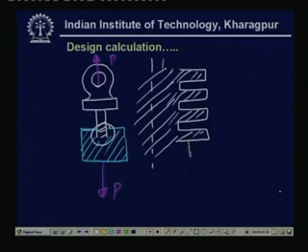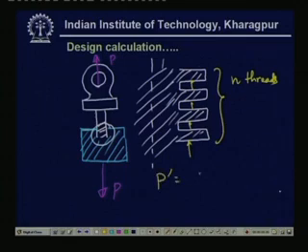So, on each surface there will be forces. So, if there are n such threads, then the total force acting per thread is P prime equal to P divided by n, and this is uniformly distributed. So, then what will be the total bearing stress?